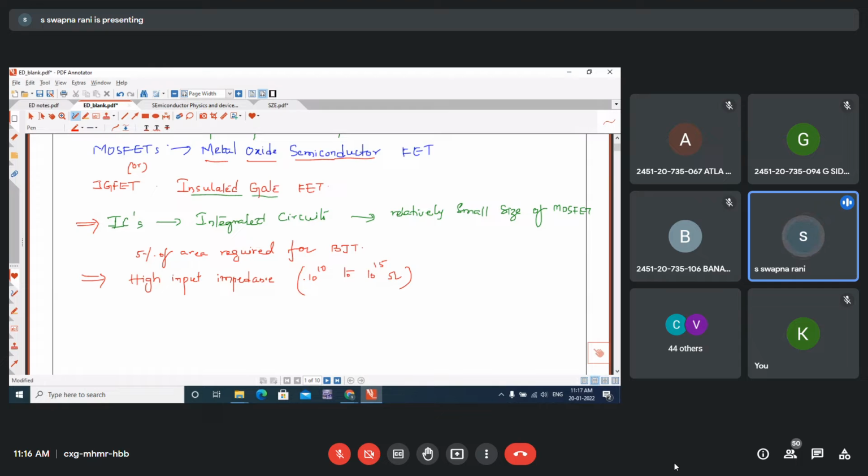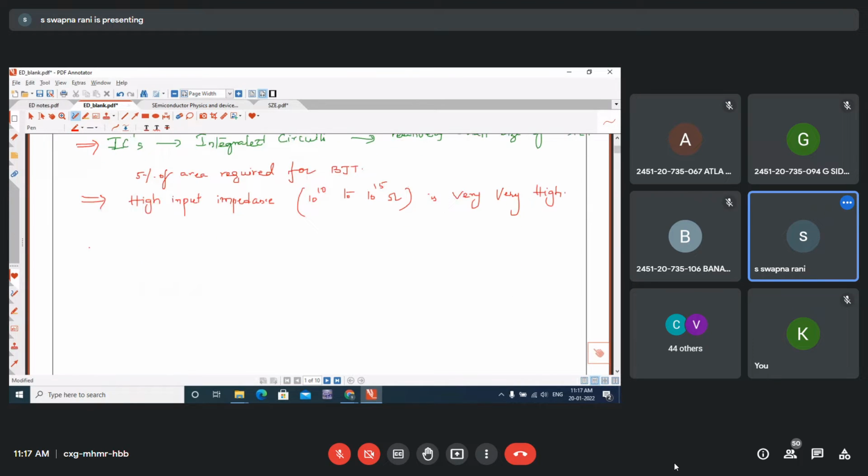Compared with BJT, the input impedance of FET is high, and compared with FET, the input impedance of MOSFET is very, very high. So these are the two important features of MOSFETs.